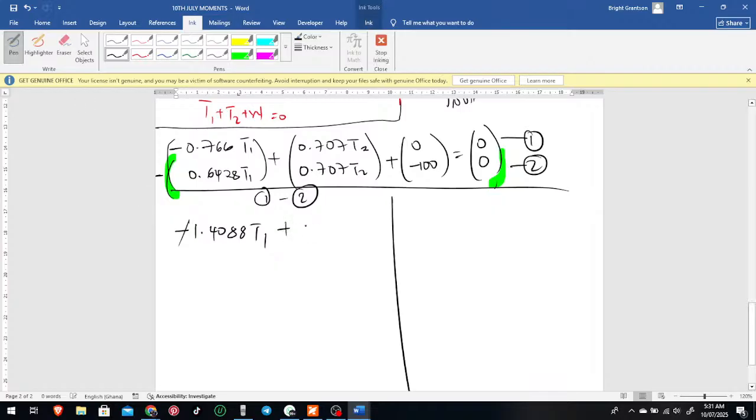Plus what? 0 plus 100 equals 0. Are you okay now? There's no plus 100, it's minus 100. No, the minus here is multiplying this negative 100. It's minus plus 100. Okay, sure. Yeah. So now, when you move this one to the other side, it's going to be 100 equals 1.408831. Right? Exactly. Yes.